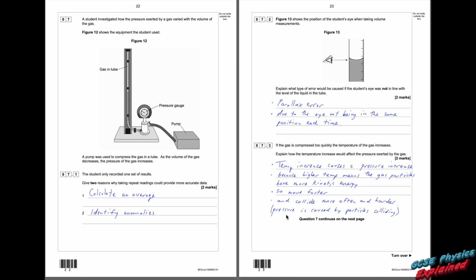And that is what pressure is. Pressure is caused by particles colliding. So I've put a lot of information there. It'll definitely get the 2 marks. If the same question comes up and it's worth 4 marks, there you go. You're welcome.